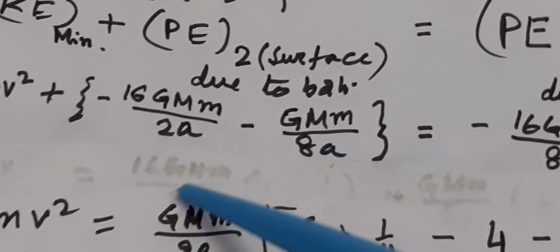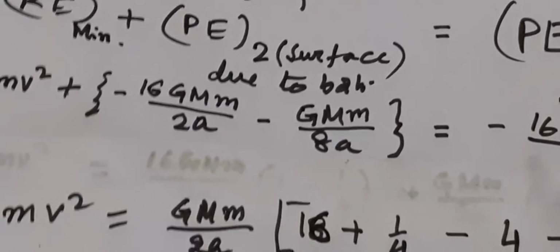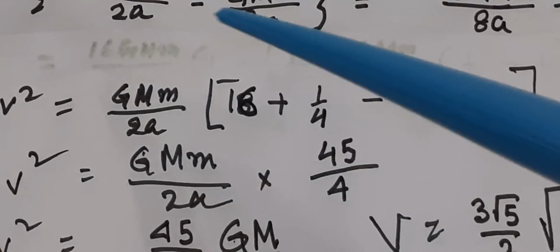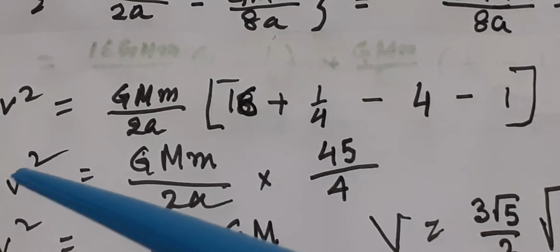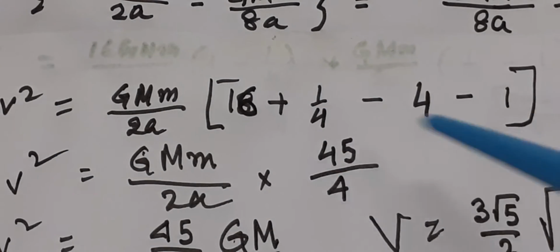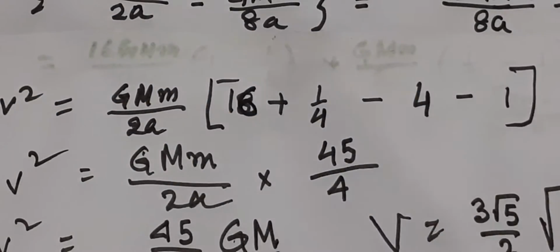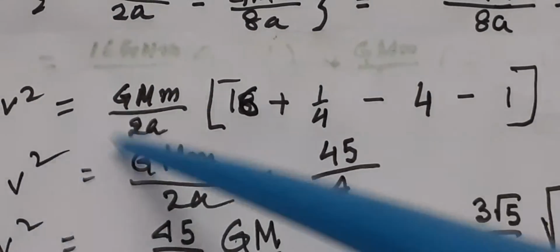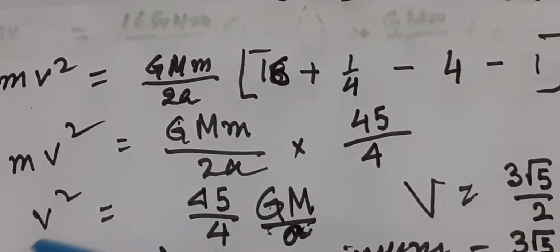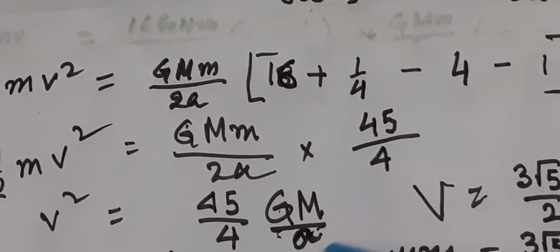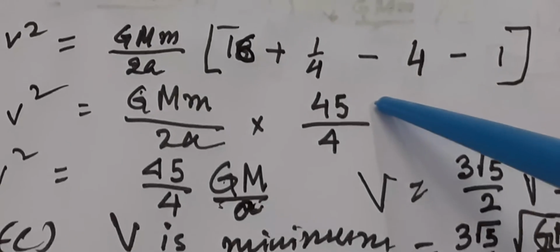Now from this we can simplify, it is not a very big calculation. We can find v square by taking all potential terms to the right side and kinetic energy on the left side. You will get v square equal to 45 by 4 GM by a, and all these are given parameters.